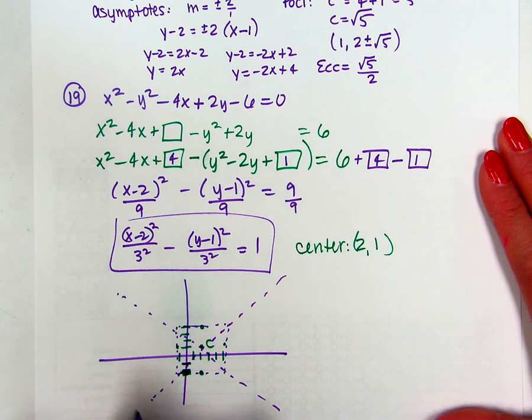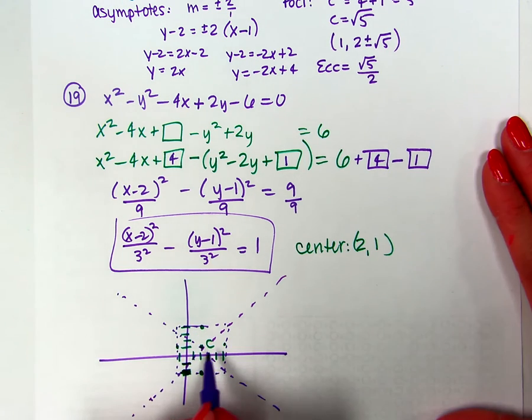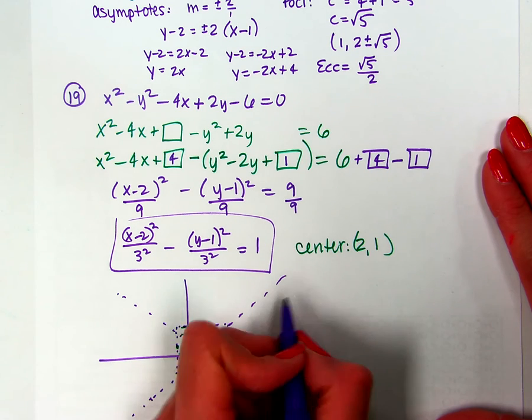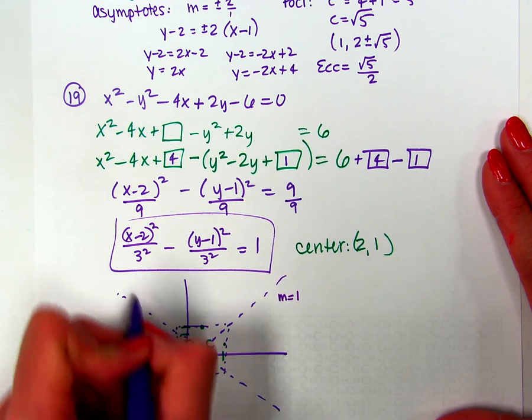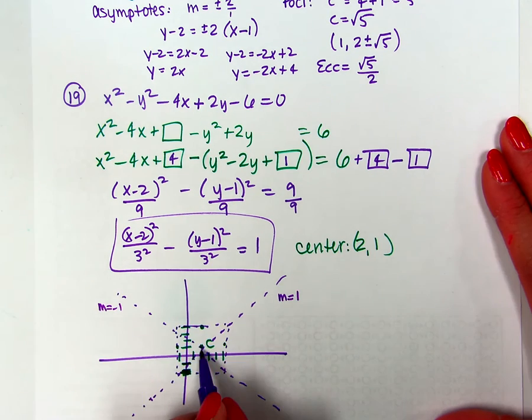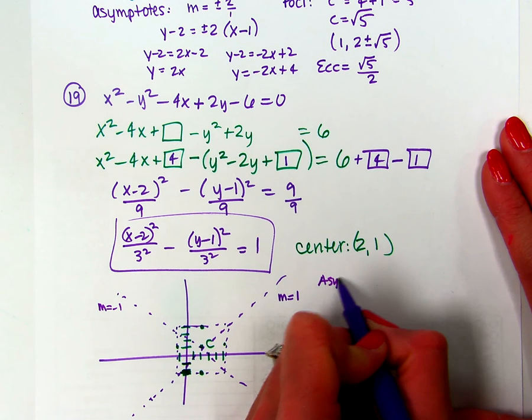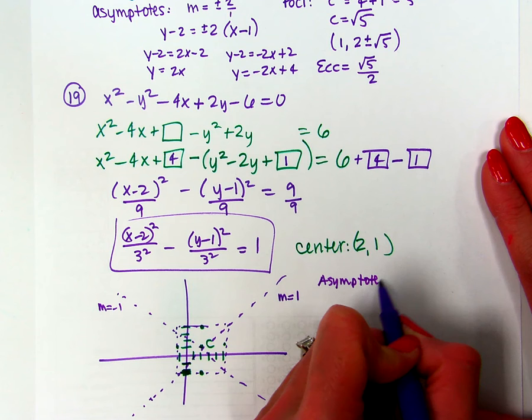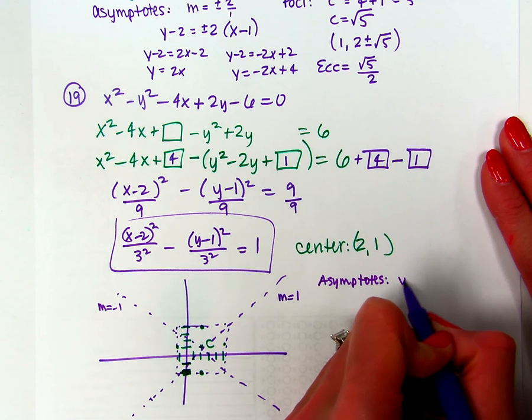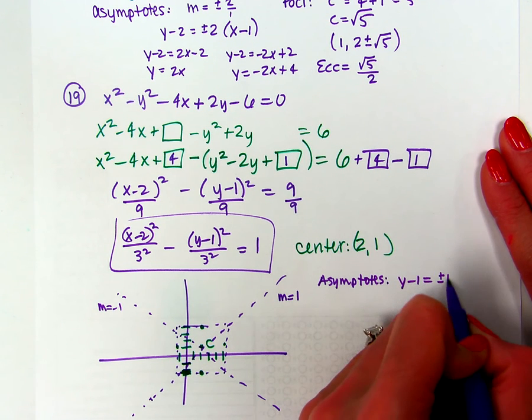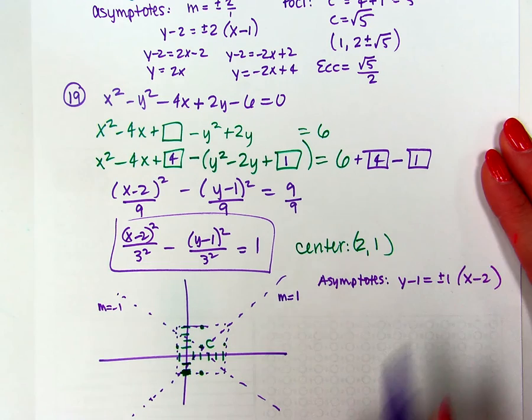These are my asymptotes. Okay, my asymptotes go up 3 and over 3, so the slope is equal to 1, and this slope is equal to -1. Now it goes through the point 2, 1. So for my asymptotes, it's y minus 1, and it's plus or minus 1 times the quantity x minus 2.